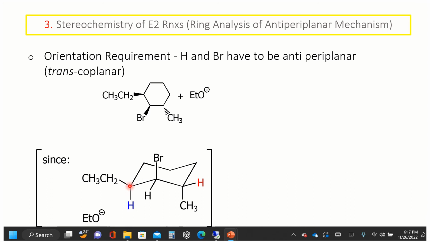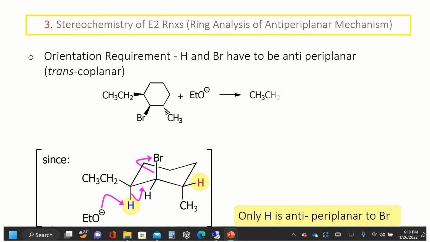And so elimination will take place here, not at this equatorial hydrogen. So when we do the attack, it occurs across this plane. This results in this compound. And it's fortunate that we end up with a 1, 2, 3 substituted, which is, in this case, the more substituted alkene.